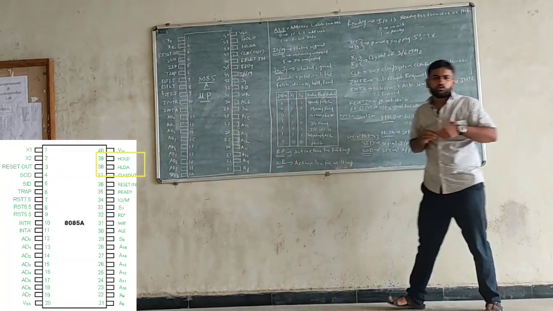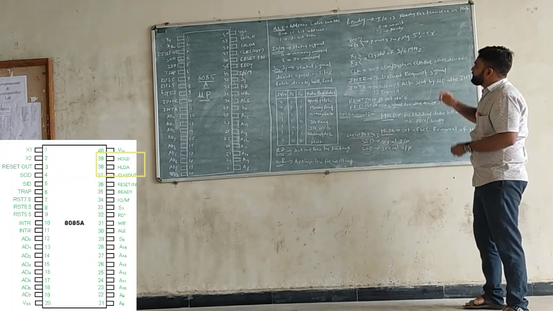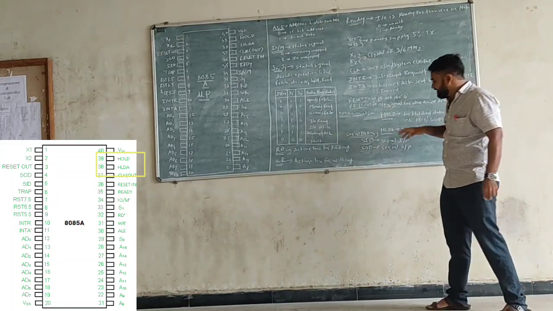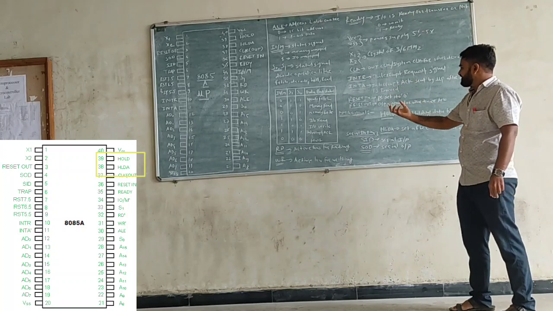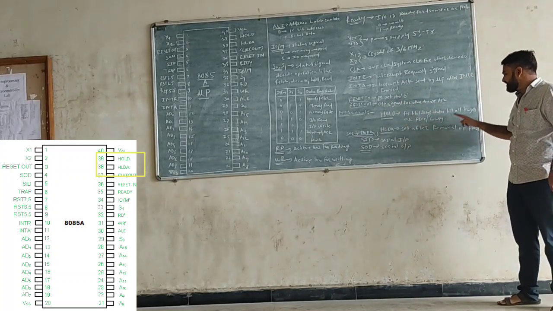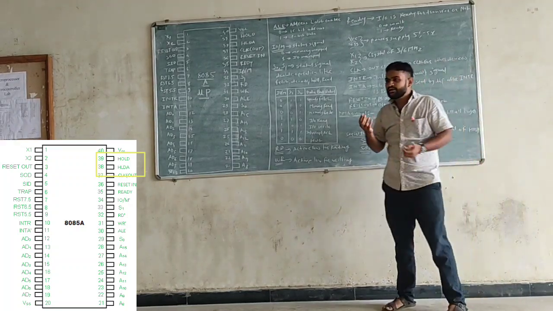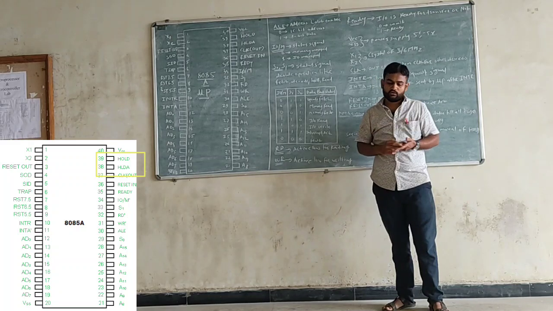What is the meaning of HOLD and HLDA? If we want to access data, HOLD means we need a hold and we need a HLDA. HOLD is for holding the data until all buses are free. We know that we have the address bus, data bus and control bus.